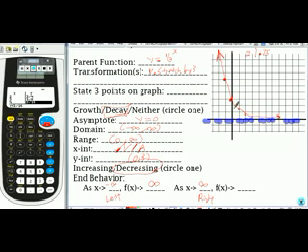As I go to the right, I get closer and closer and closer to my dotted line, which is an asymptote. So I get closer and closer to my asymptote, which is y equals 0. So the curve gets closer and closer to 0, but it's never ever going to touch it. So again, for the end behavior of exponential functions, one end's going to approach one of the infinities. The other one will approach the asymptote. Again, it depends on the picture.